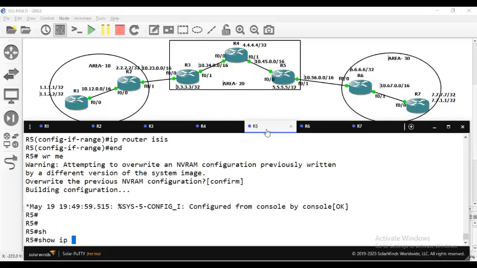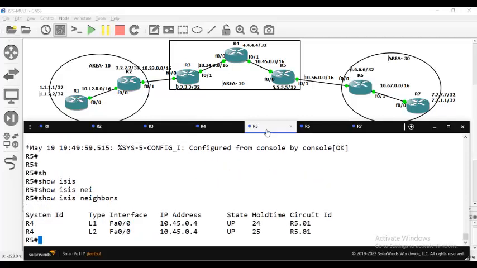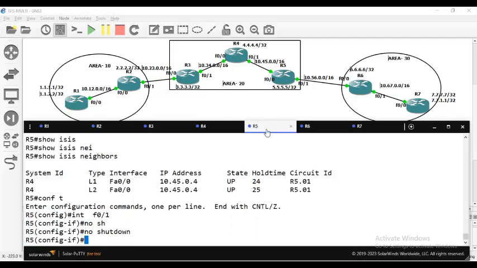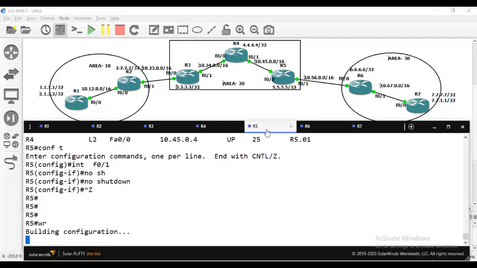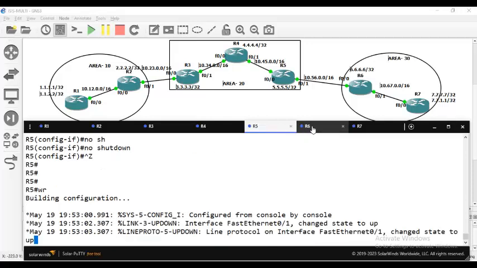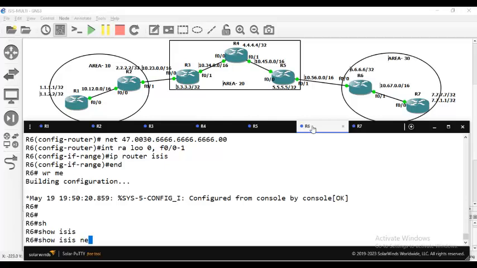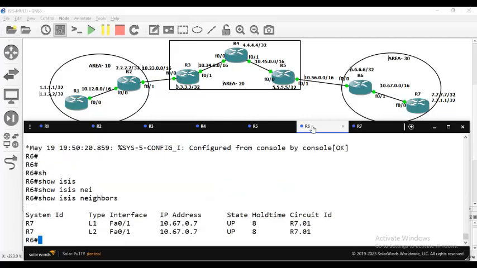Oh, right. Let's go to R1 and check the routing table. Keep trying. What about R2? Show ISIS neighbor. It has got a neighbor with R1. Show ISIS neighbor. It has got a neighbor only with R4. Why? Maybe in R2 also the same problem. Interface F01 no shut.